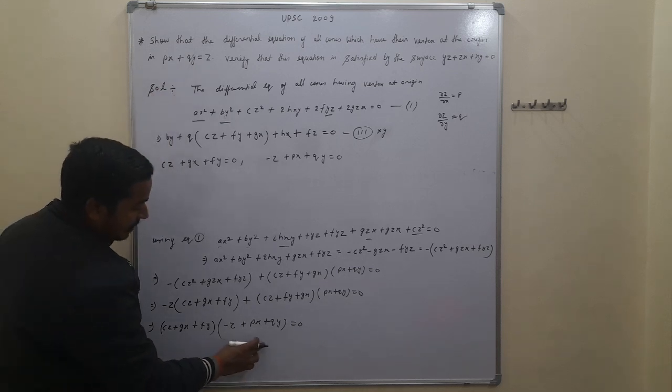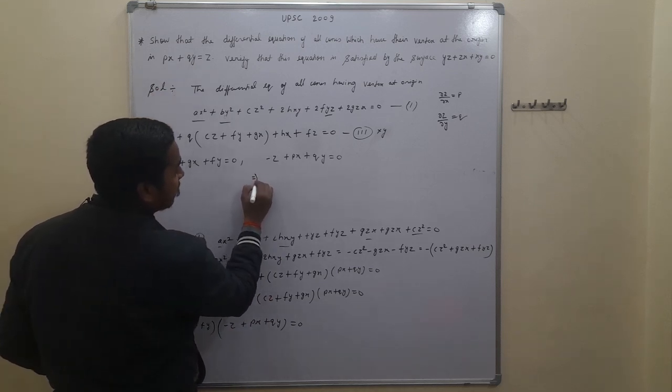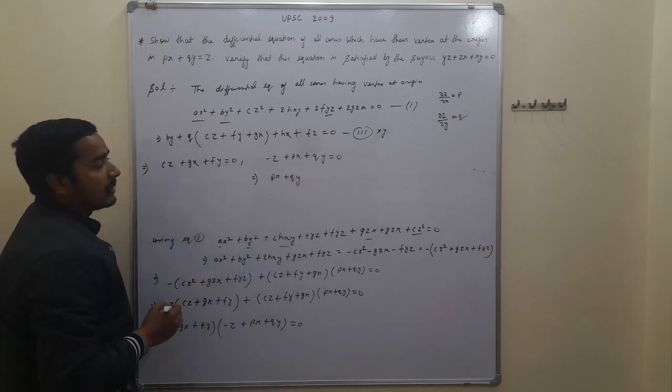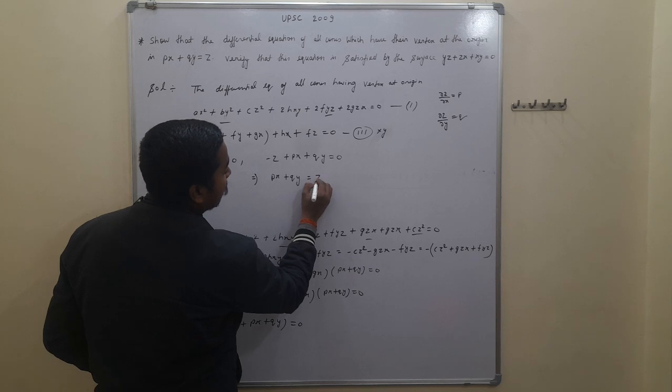So we put the second bracket equal to 0. This gives px plus qy, and minus z is taken to the right hand side. This gives equal to z.